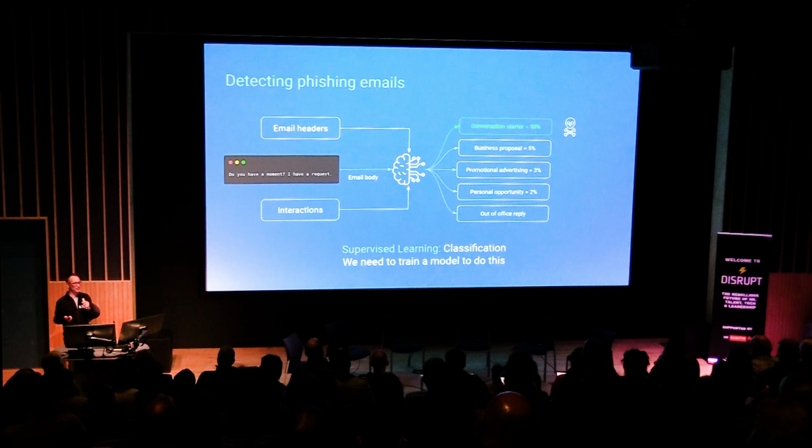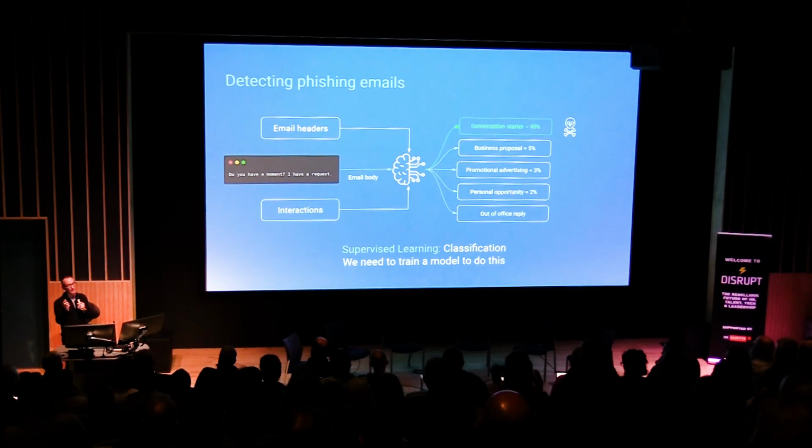It's not just one email. It's information about, has this recipient been in communication with the sender before? Or does the sender look like somebody like the CEO who the recipient already has some established relationship with? So interactions can be useful as well.